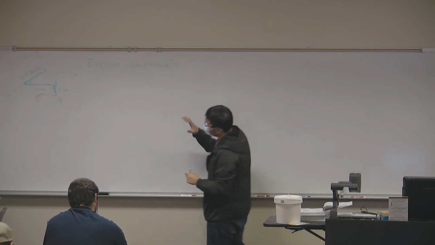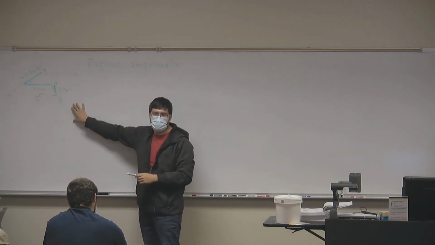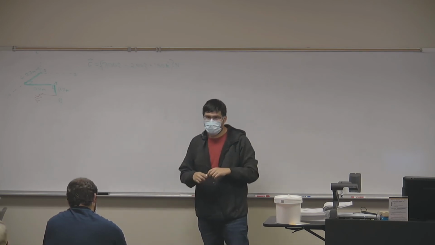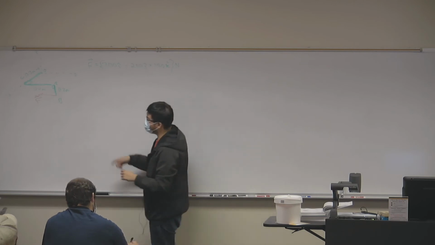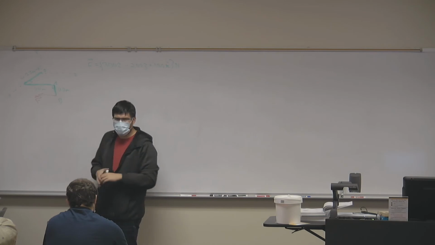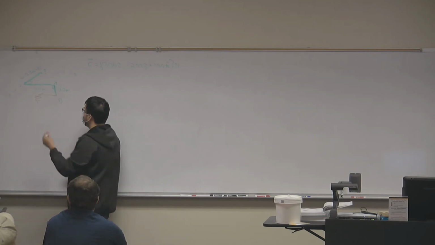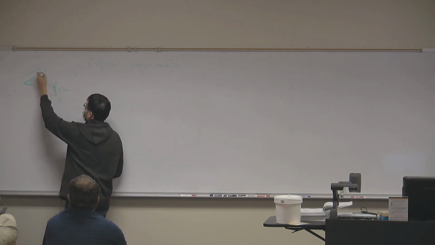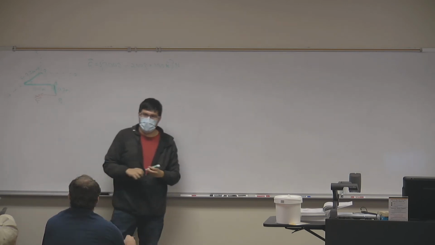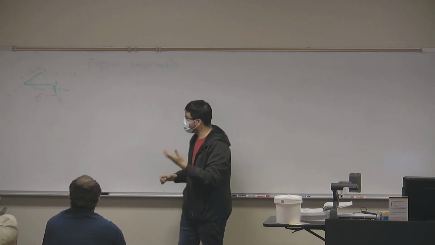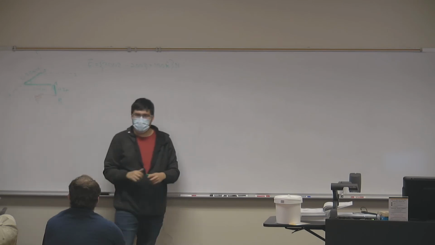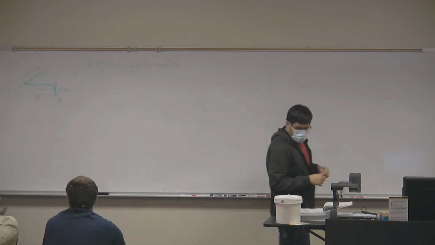I think this problem, or at least this figure, was a test last semester, and I asked students to give me the magnitude of the moment of the force about the x-axis, just like the book. About 25% of students calculated the moment of this force, basically drawing a straight line from O to B. That didn't really tell me anything, because I wanted the moment of the force about the x-axis. So how do we solve this problem?